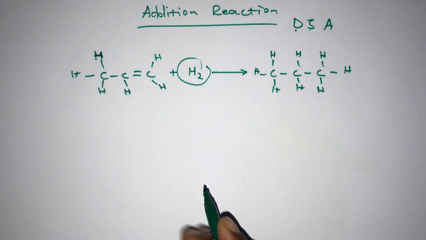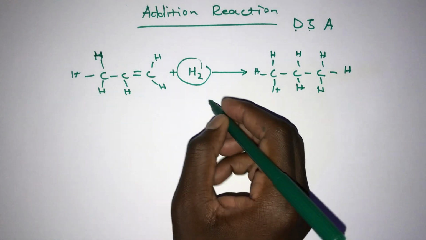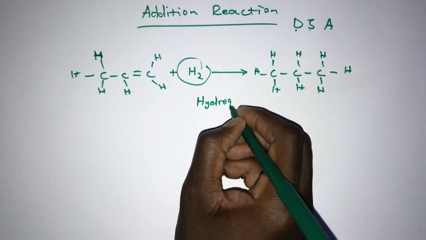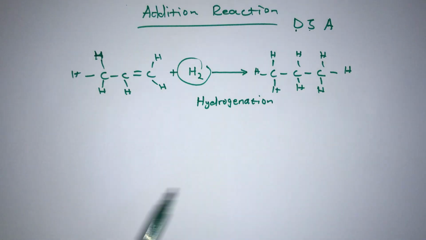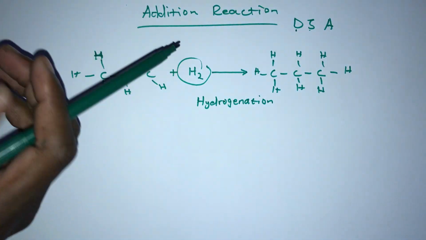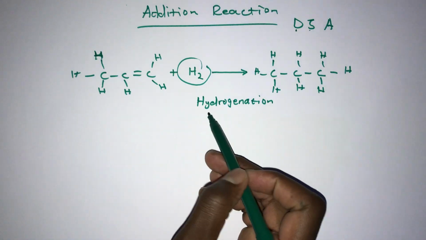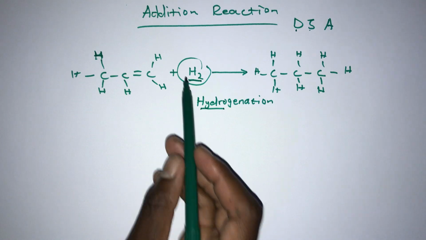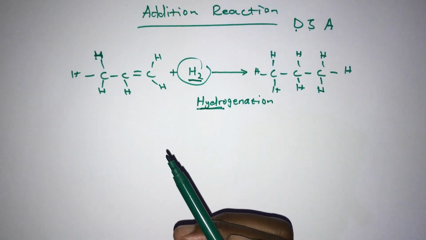The type of addition reaction here we call hydrogenation. It's an addition reaction, but the type is hydrogenation. Why hydrogenation? Because we are adding hydrogen.